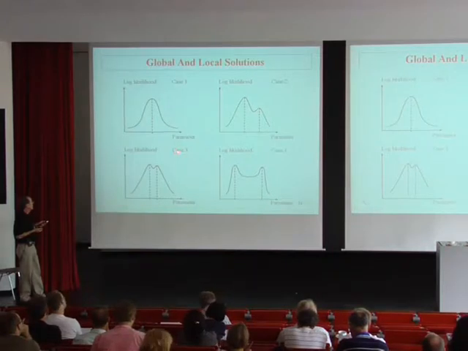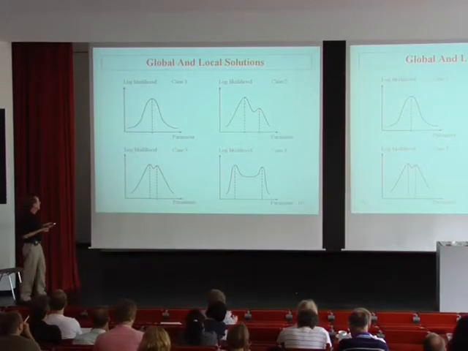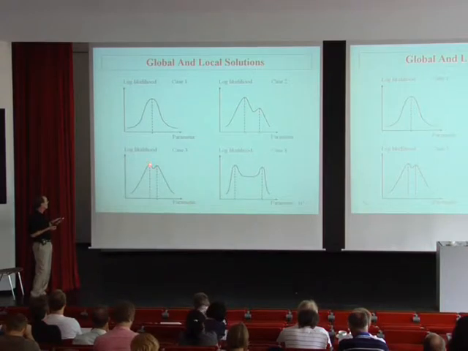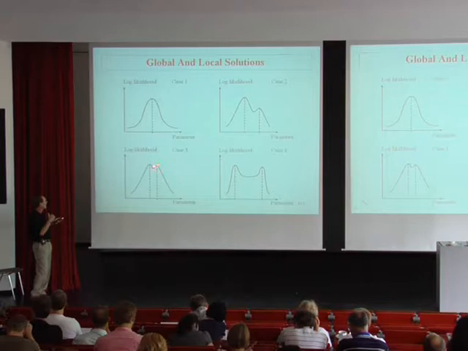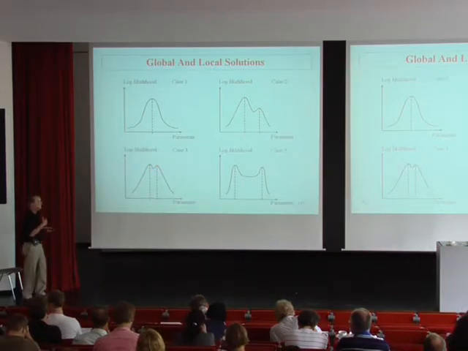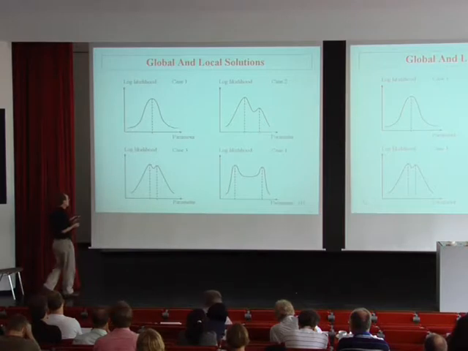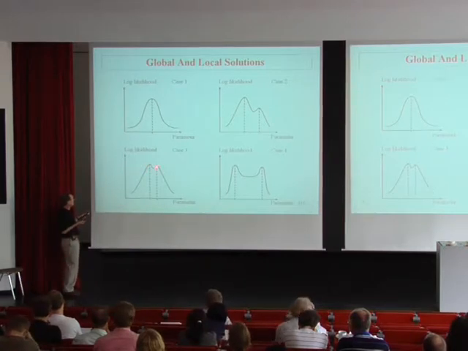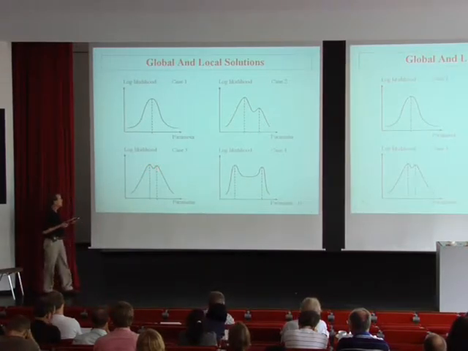Case 3 is a little bit harder. It's harder because not only do we have 2 peaks, but the peaks are very similar in height. Whereas in case 2, the peaks were quite different in height. Here, they're hard to tell apart. And in fact, in many complex models, the difference may be only due to numerical rounding off errors, numerical errors.